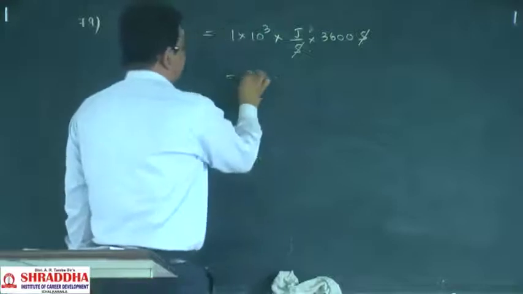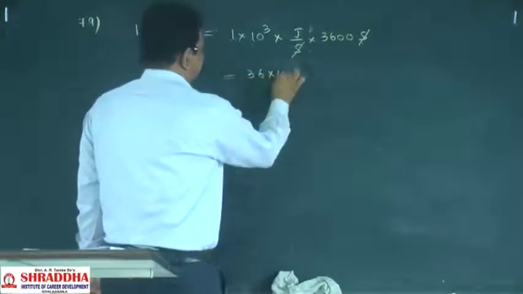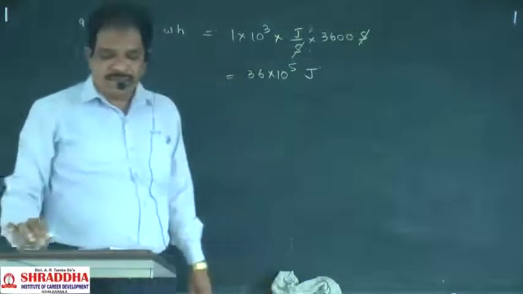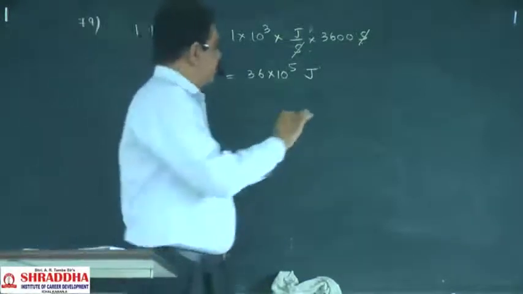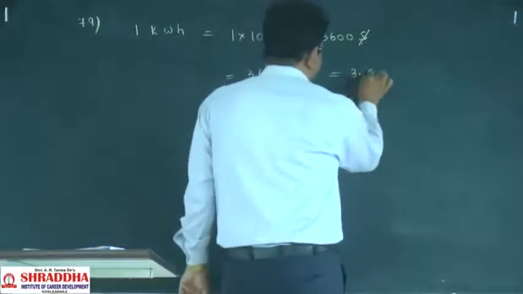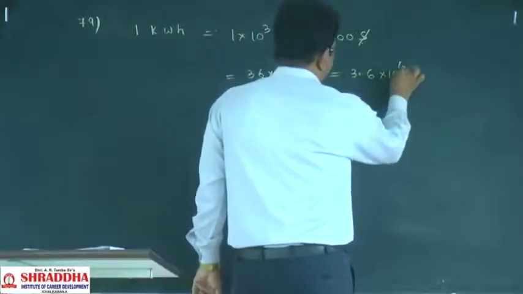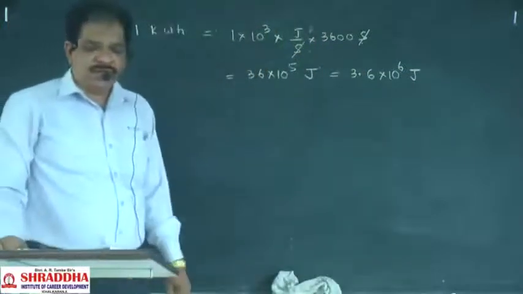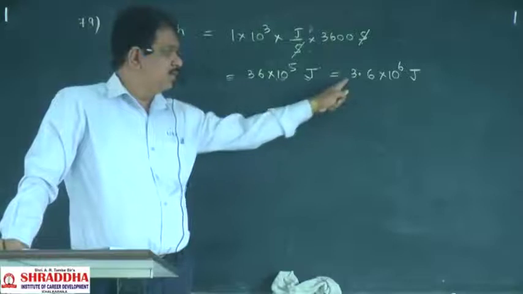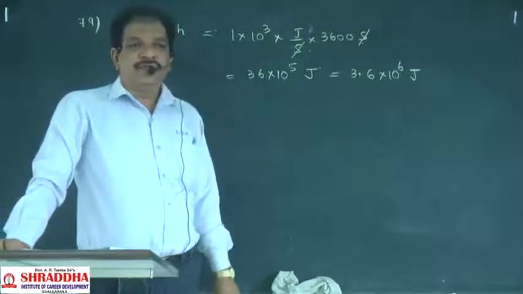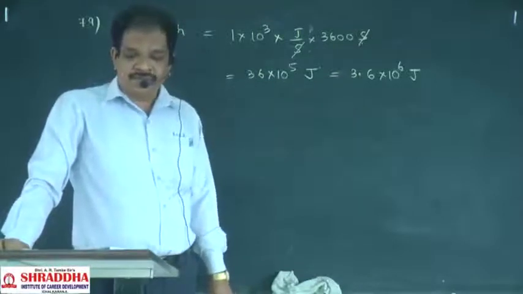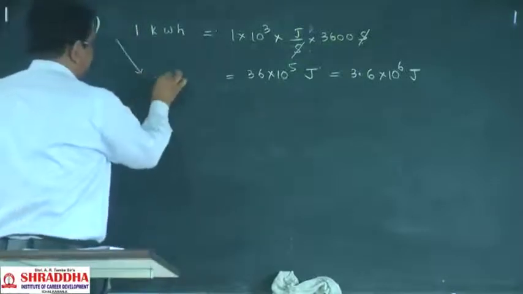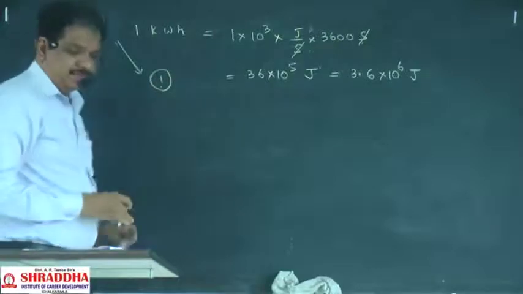So this value will be 36 into 10 power 5 joules. So this value will be 3.6 into 10 power 6 joules. So 1 kilowatt hour is equal to 3.6 into 10 power 6 joules. Okay, 79, it will be first option, A.